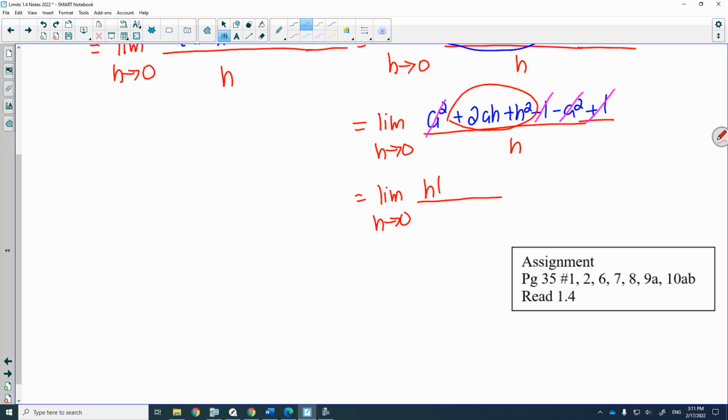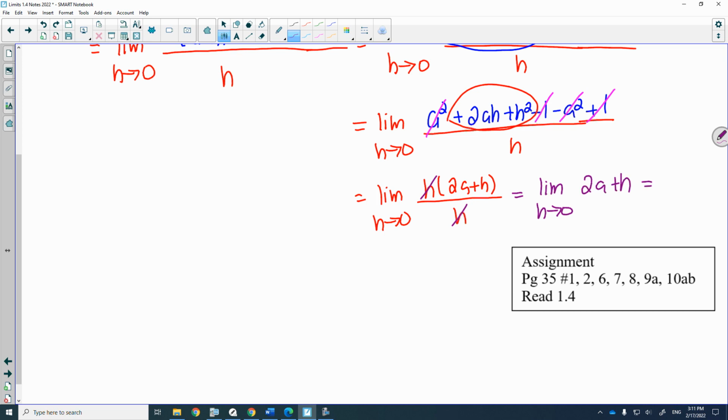So let's factor out an h, and we'll get 2a plus h over h. That will allow us to cancel our h's, and we will no longer have an indeterminate answer. So we will be left with the limit as h approaches 0 of 2a plus h.